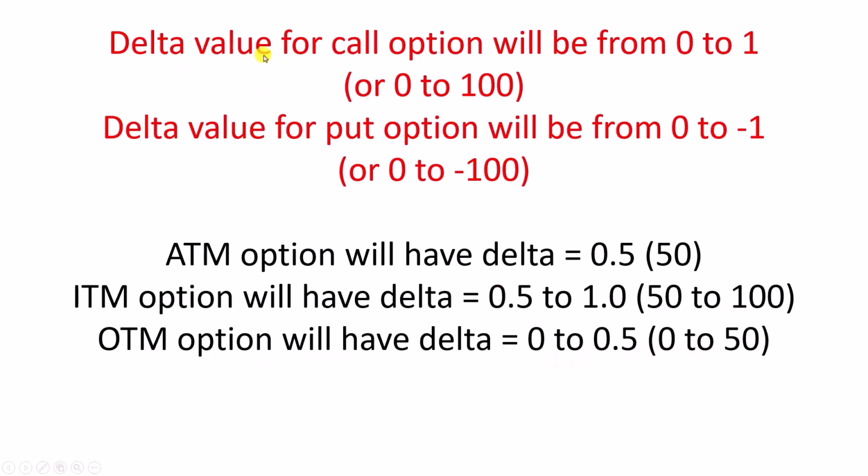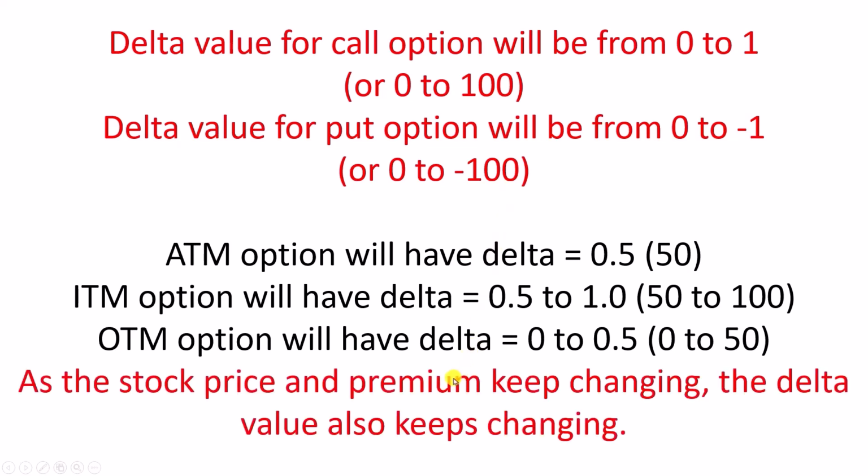The delta value for a call option will be from 0 to 1 or 0 to 100, varying according to websites. Delta values for a put option vary from 0 to -1 or 0 to -100. All right, I hope it is clear.